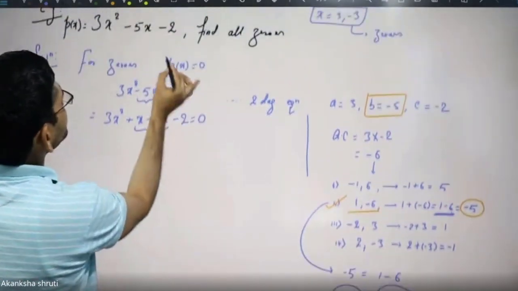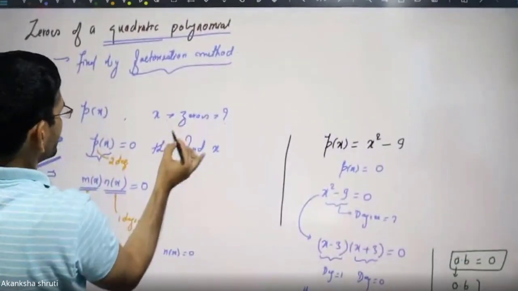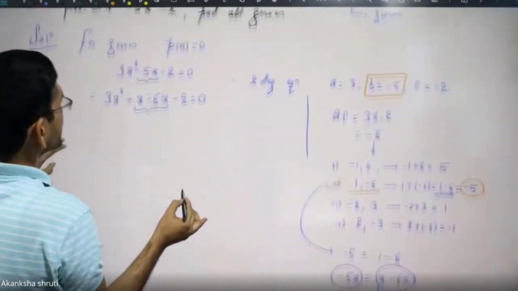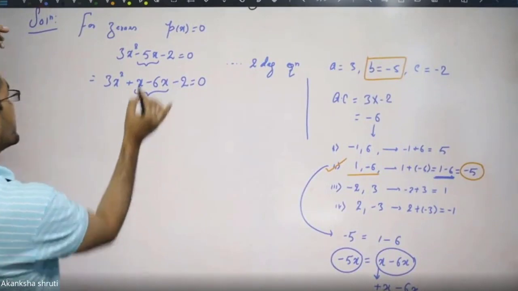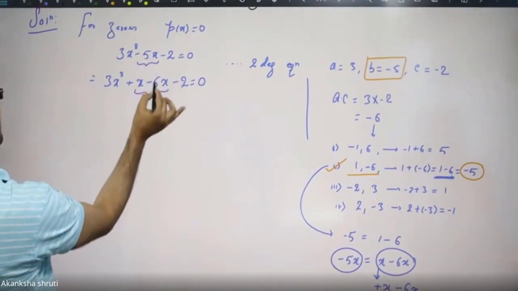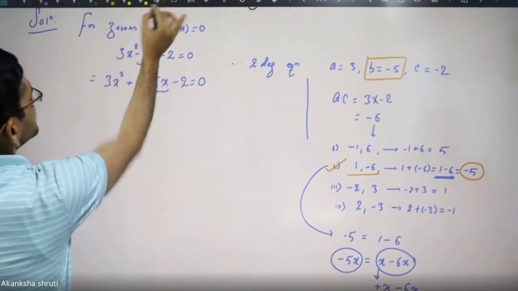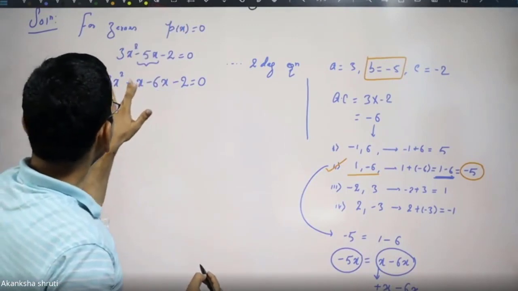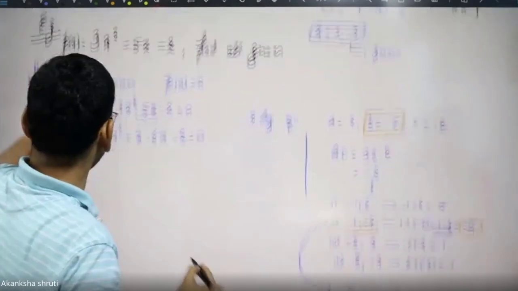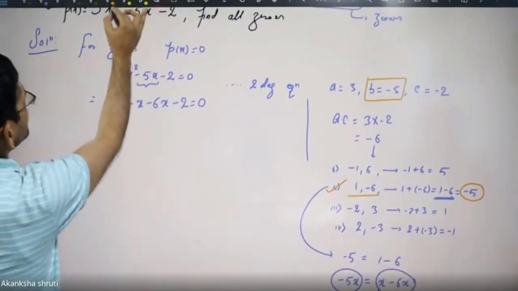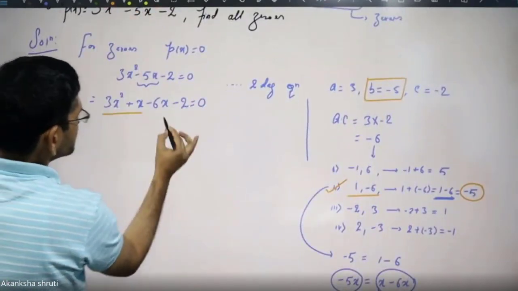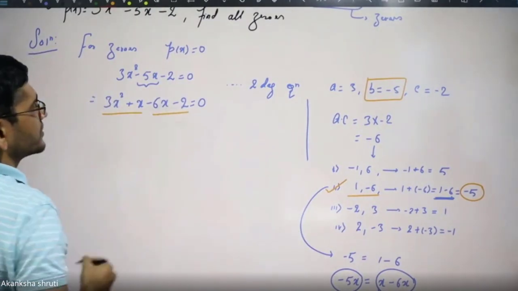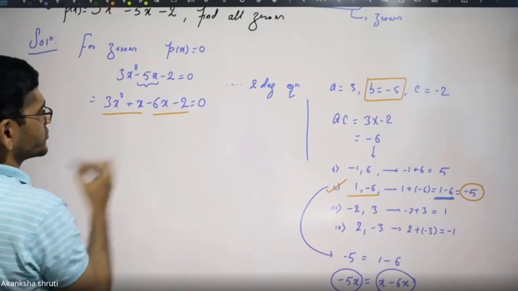That's why this method is also called splitting the middle term, the factorization method. Only this middle term is split into 2, but this splitting should be such that something can be taken common from the first 2 terms, and something can be taken common from the next 2 terms.